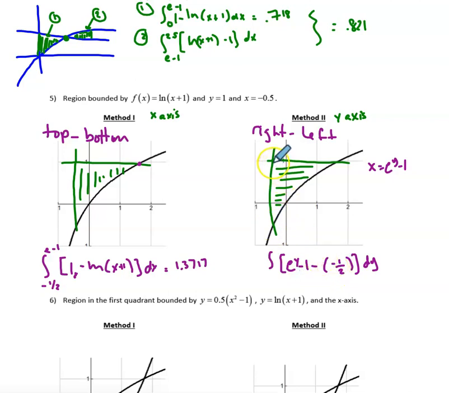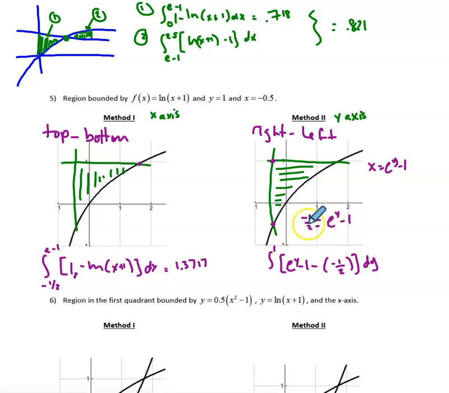Now my limits of integration, my upper limit of integration is fairly straightforward. It's y equals 1. But for my lower limit of integration, I need to find where x equals -1/2 is equal to e to the y minus 1. Now that is going to take a little bit of math to figure out, but that's okay.